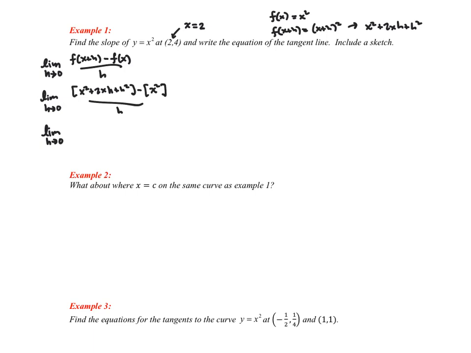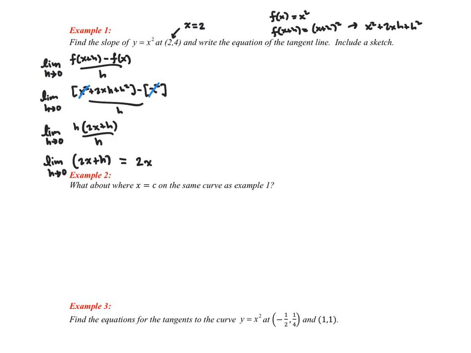to, let's see, the x squareds reduce, combining like terms. I will factor out an h, giving me 2x plus h over h, which will, of course, reduce to the limit as h approaches 0 of the expression 2x plus h. Well, that comes out to be 2x.